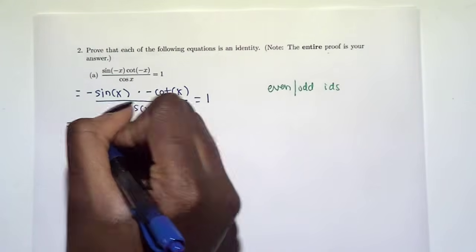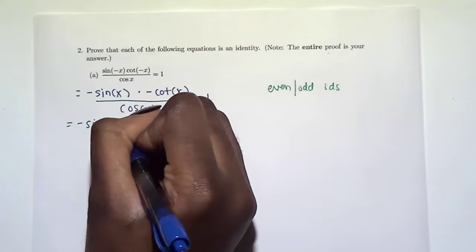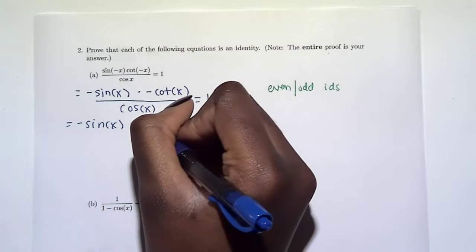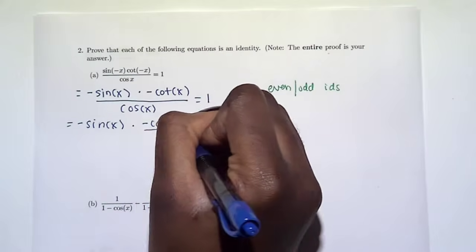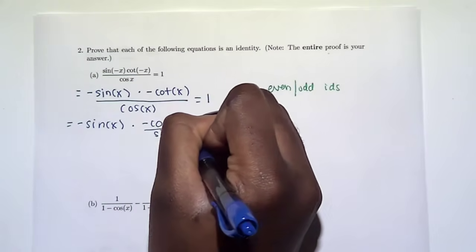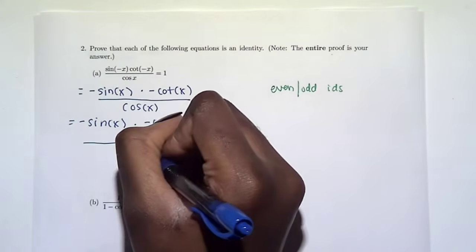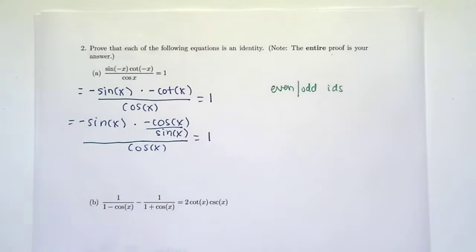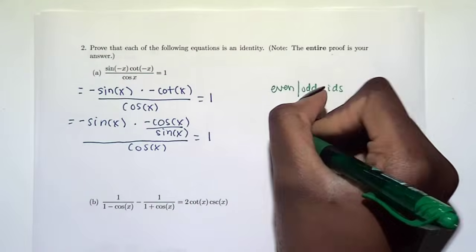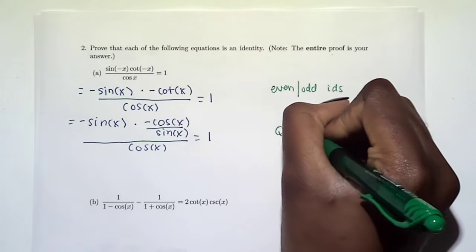We've got negative sine of x times negative cosine of x over sine of x, all over cosine of x equals 1. I just used a quotient identity.